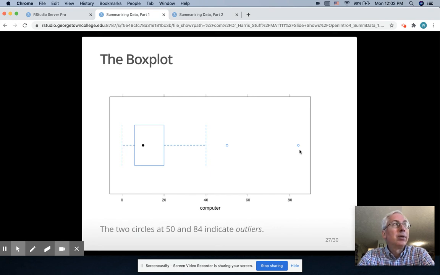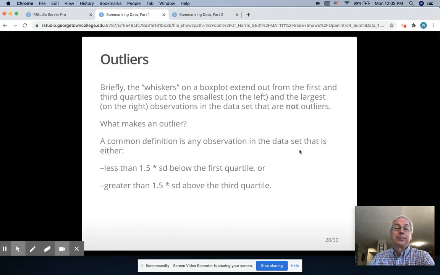If you go back and think about the density plot, we saw those two numbers that were pretty far away above all the other responses. And so now let's talk about how statistical software determines what constitutes an outlier. The whisker does not extend to the minimum and maximum. It extends to the lowest value and the highest value in our data set that are not flagged as outliers.